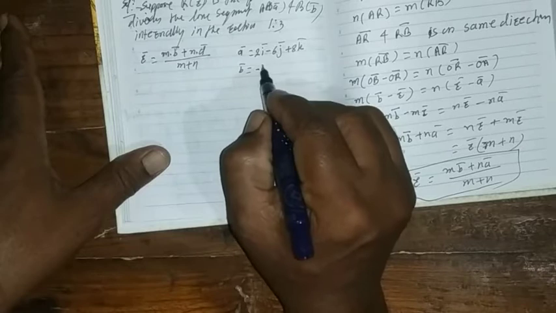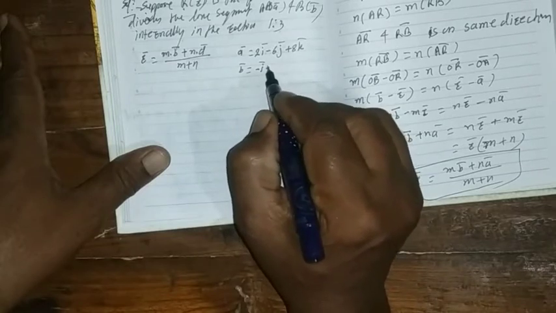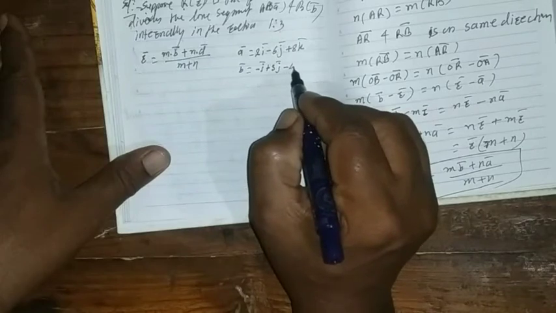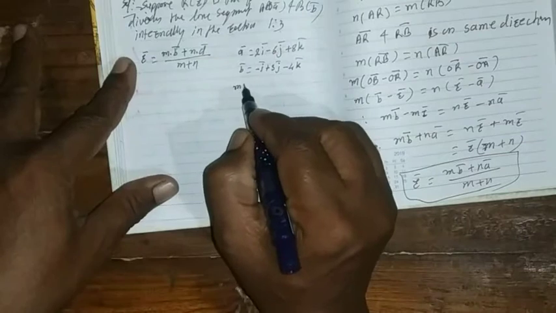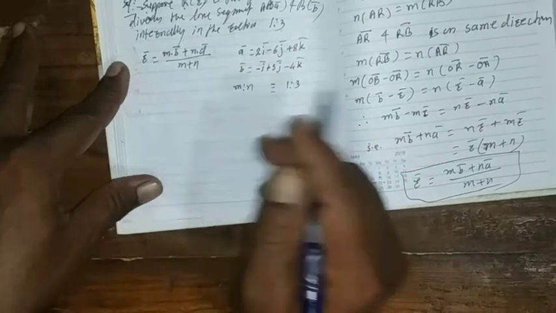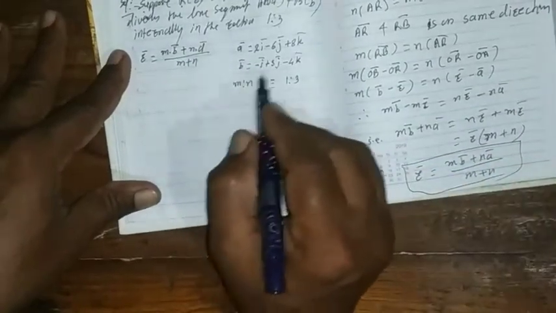minus i plus 3j minus 4k, right? And the ratio m/n is 1/3. We will put these values.